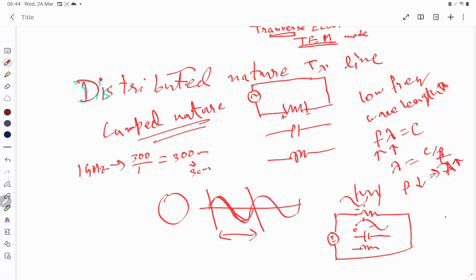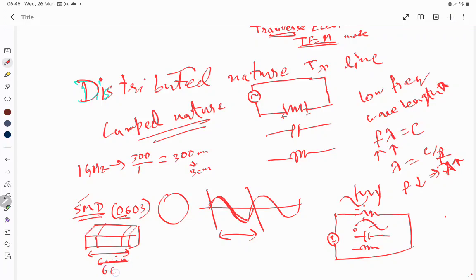Say any resistor that you are using, a cheap SMD, surface mount device, resistor of 0603 imperial size, then this dimension is 60 mil, which is around 1.6 mm.